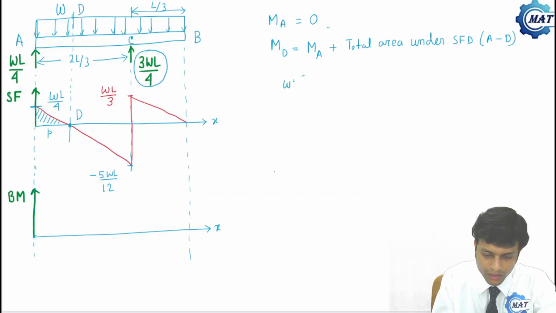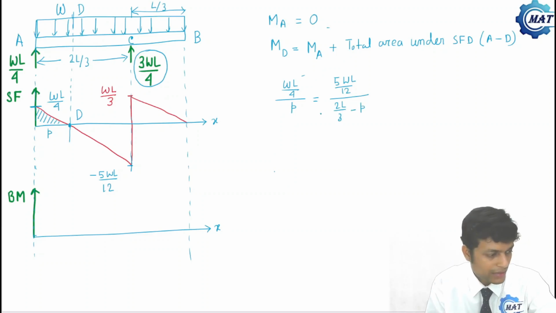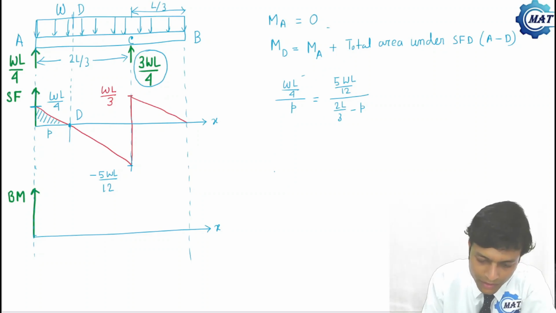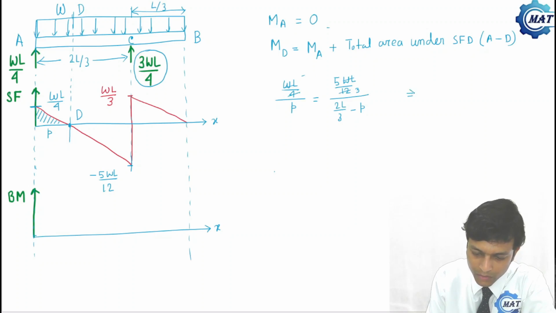So WL by 4 by p is 5WL by 12 into 2L by 3 minus p. From this, W L is cancelled. 4, that is 3. So that becomes 1 by p is equal to 5 by 3 divided by 2L by 3 minus p.